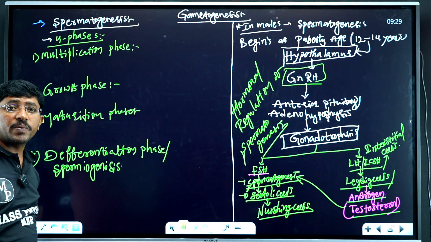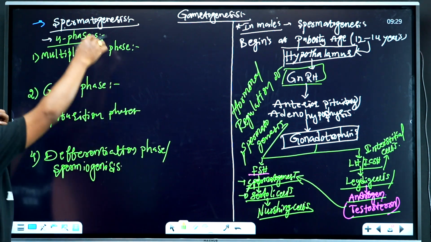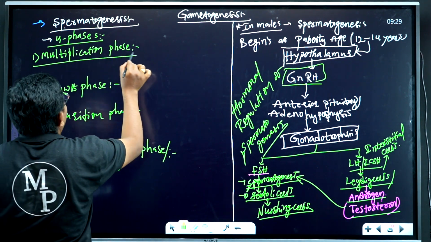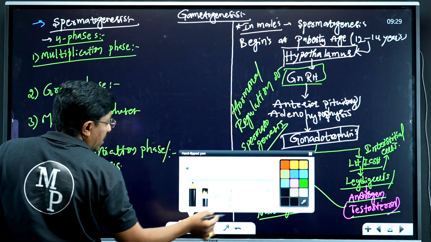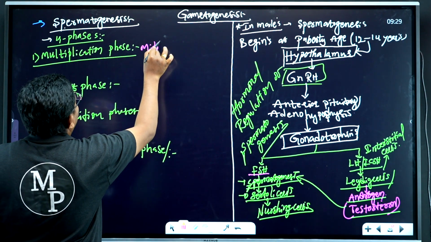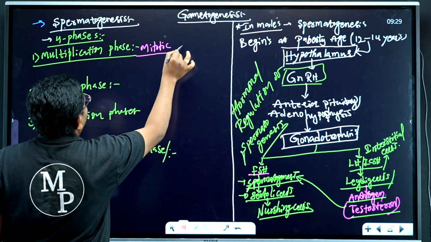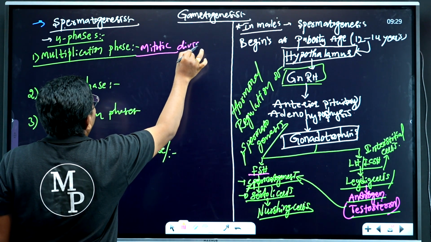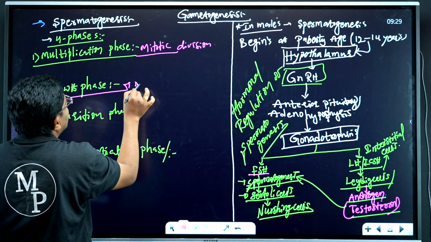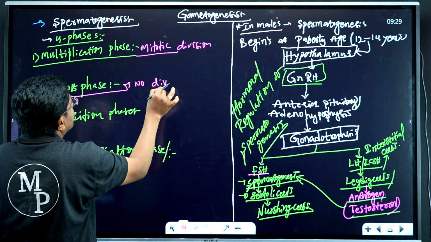In the multiplication phase, the process is by mitotic division. In the growth phase, there is no division.